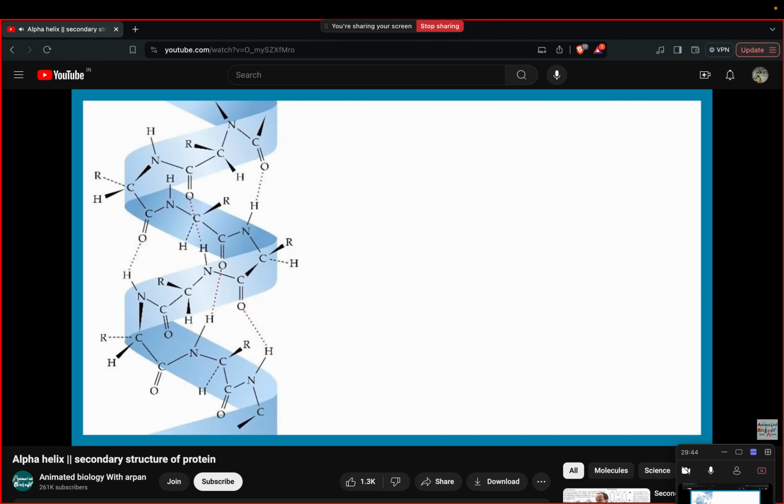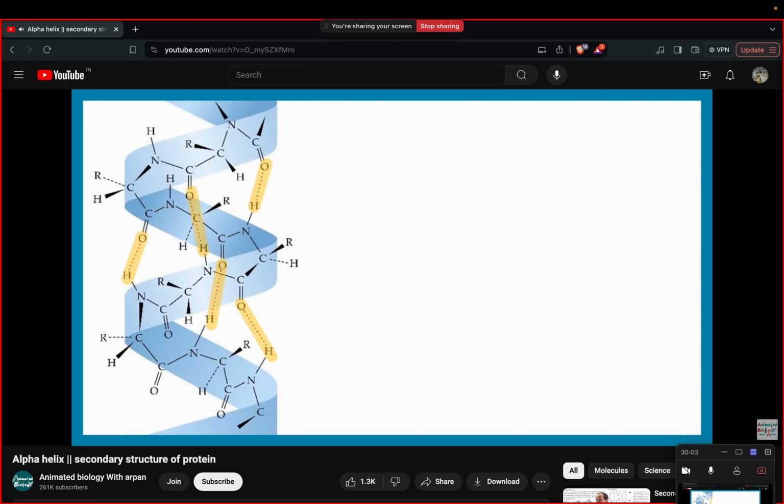All of these residues that are present in the alpha helix are bonded or interacting with each other via hydrogen bonding. And this hydrogen bonding does not take place in a haphazard manner, and there are certain rules that govern which residues would form hydrogen bonding.